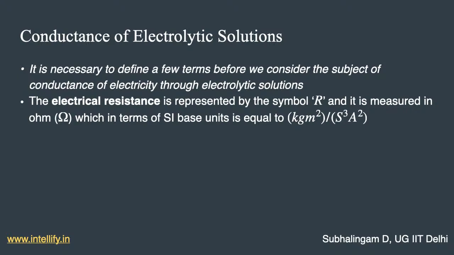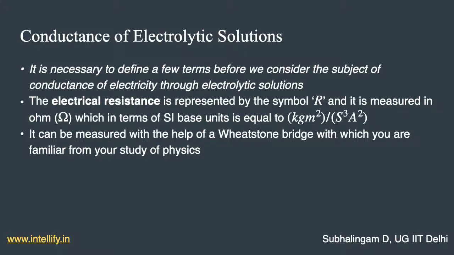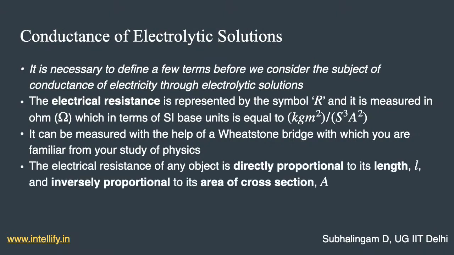So the first term we have is electrical resistance, which is represented by the symbol R, and it is measured in ohm, which you might be knowing by now. It can be measured with the help of a Wheatstone bridge, with which you are familiar from the study of physics.